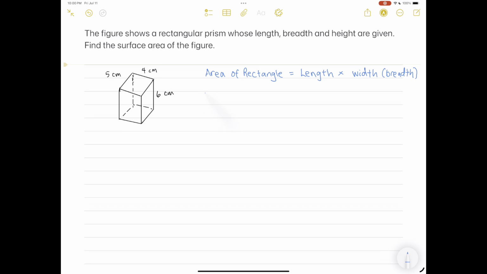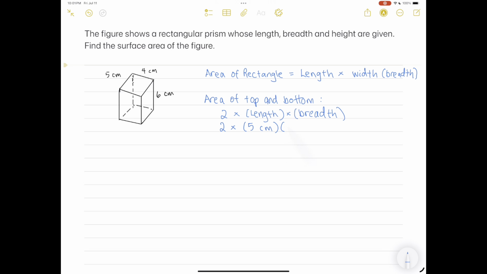So I will start by figuring out the area of the top and bottom rectangles, which are both 5 centimeters by 4 centimeters. And since that is two rectangles of the same dimensions, I have 2 times length times width, or breadth as the problem calls it. And I rewrite that on the next line as 2 times 5 centimeters times 4 centimeters.